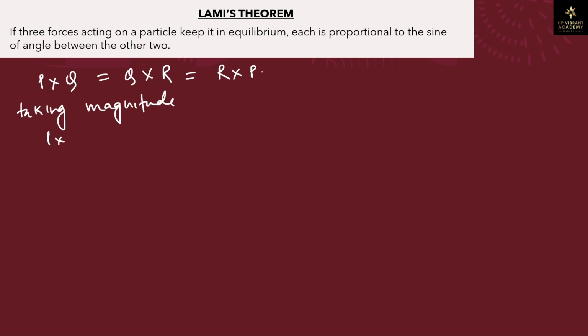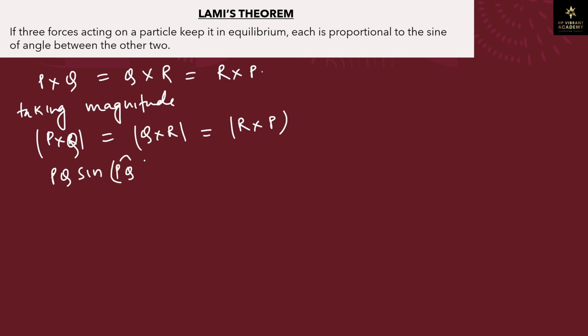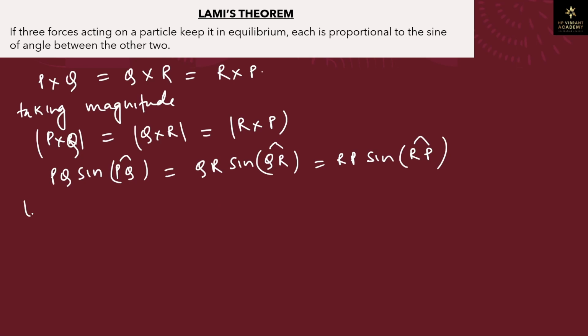So we have the magnitude of P cross Q is equal to the magnitude of Q cross R is equal to the magnitude of R cross P. So this is PQ sine of the angle between P and Q is equal to QR sine of the angle between Q and R is equal to RP sine of the angle between R and P. Now let us divide throughout by PQR.